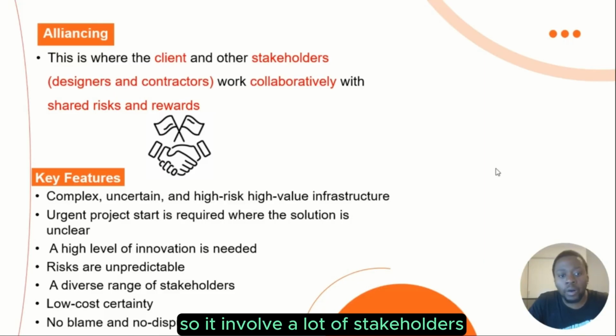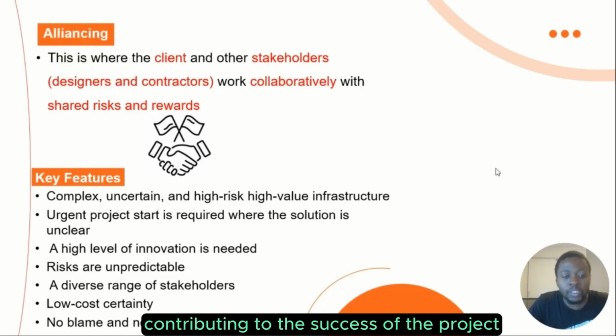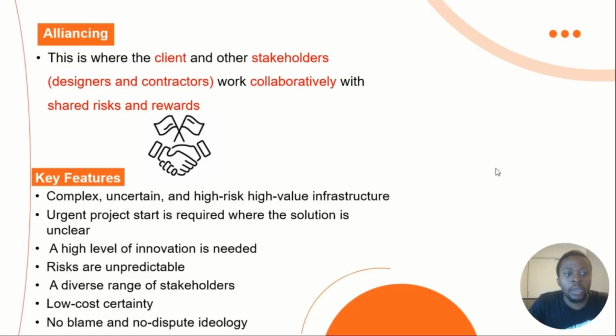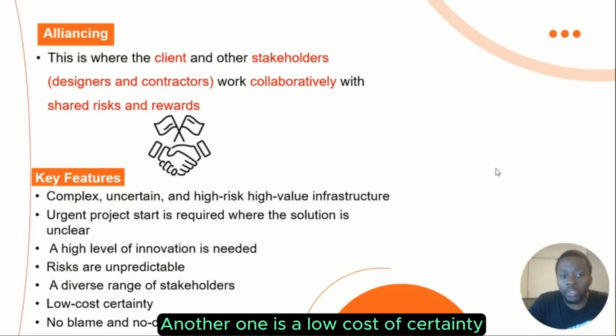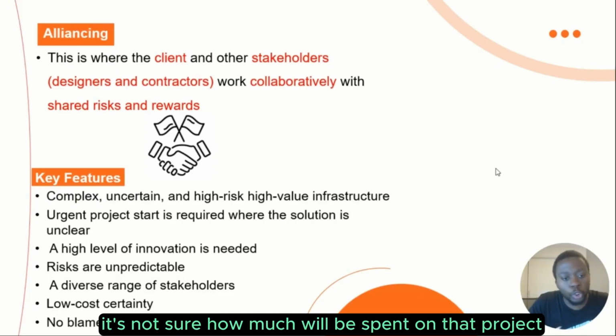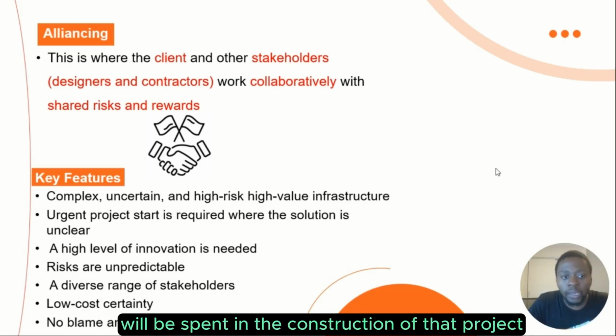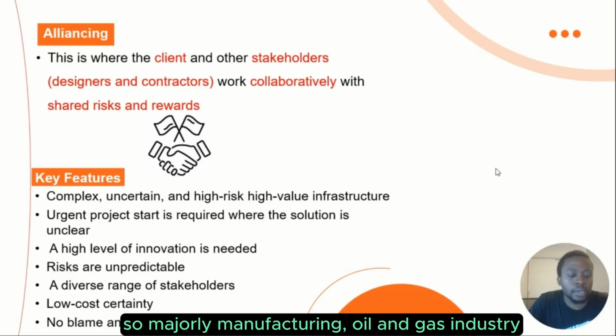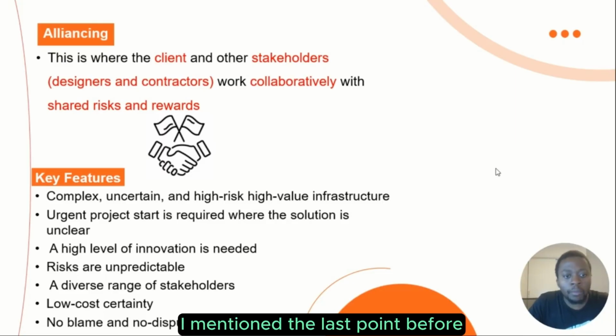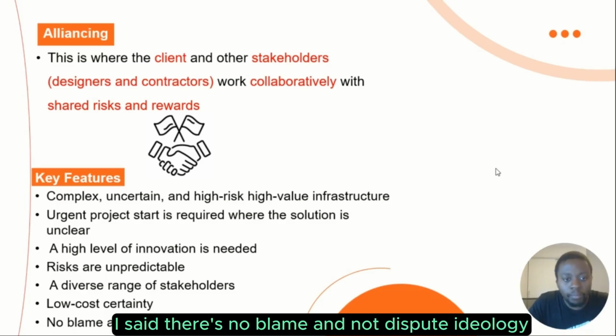It involves a lot of stakeholders contributing to the success of the project. Another one is low cost certainty. It's not sure how much will be spent on that project. A lot of billions will be spent in the construction of that project, majorly in manufacturing and the oil and gas industry. I mentioned the last point before. I said there's no blame and no dispute ideology.